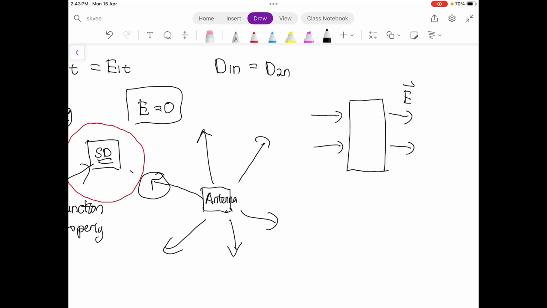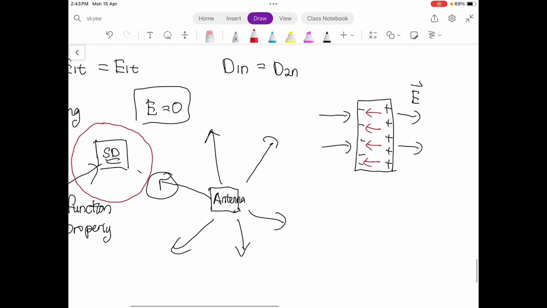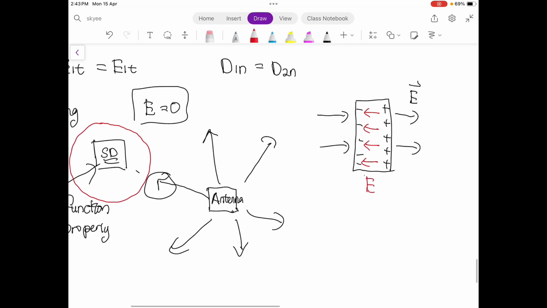All the positive charges will align at these positions, and the negative charges will align at the other positions. So internally, there will be an electric field in the opposite direction to the external electric field. These two directions cancel each other: the internal electric field cancels the external electric field. As a result, E equals 0. You can go back to the video I explained before.